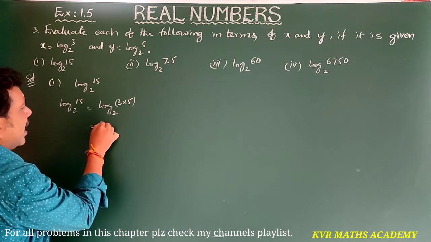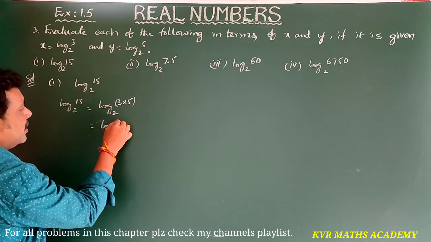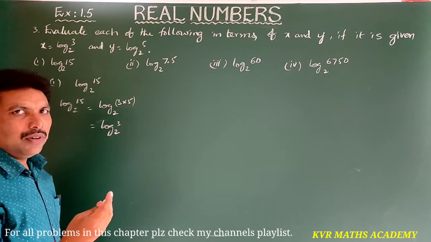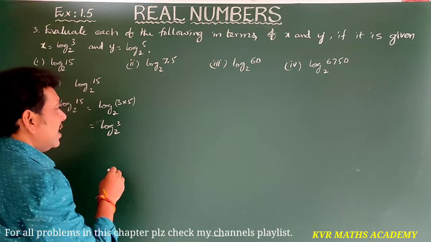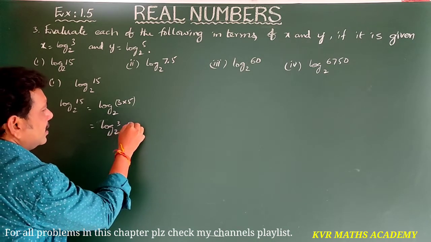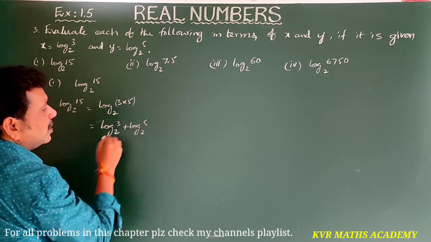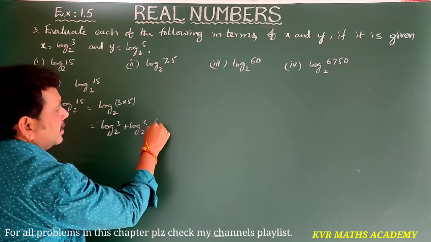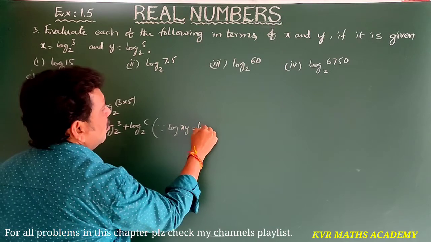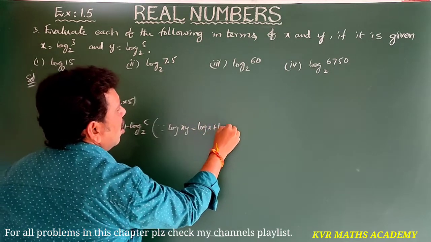So, this can be written as log 3 to the base 2 plus log 5 to the base 2, since log xy is equal to log x plus log y.